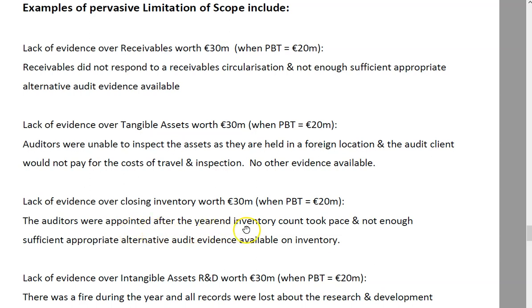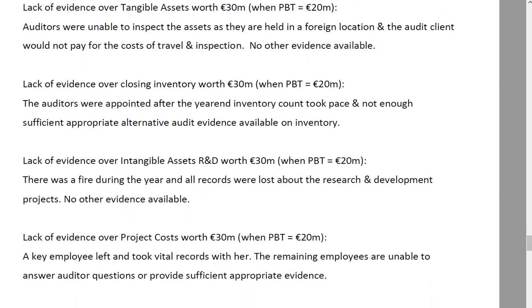Okay, you were appointed after the year-end inventory count took place, and therefore you missed that really important audit procedure. Well, it's the client procedure, but the auditor should attend the inventory count normally and carry out their own procedures during it. So if you weren't able to attend, that affects your ability to gain evidence.